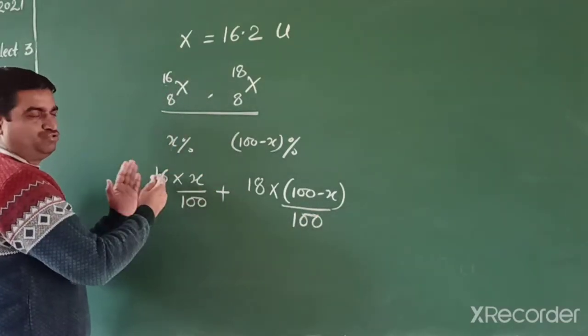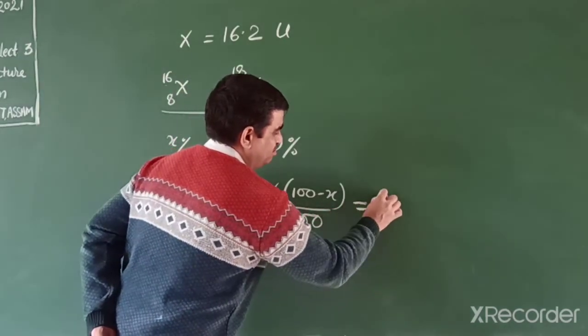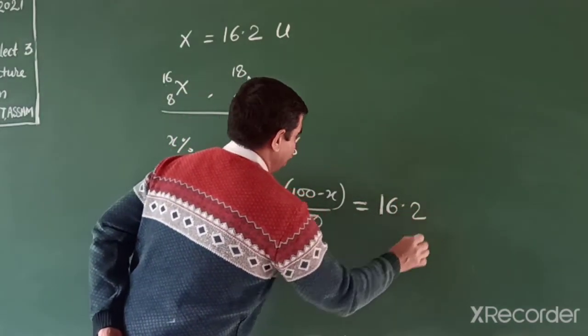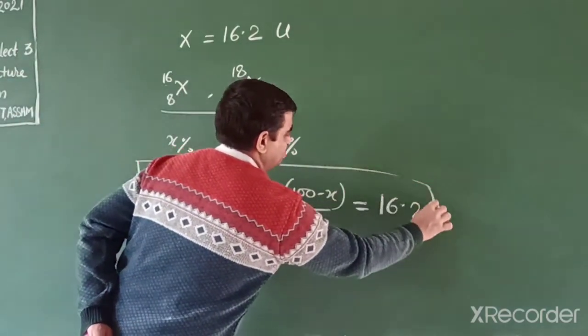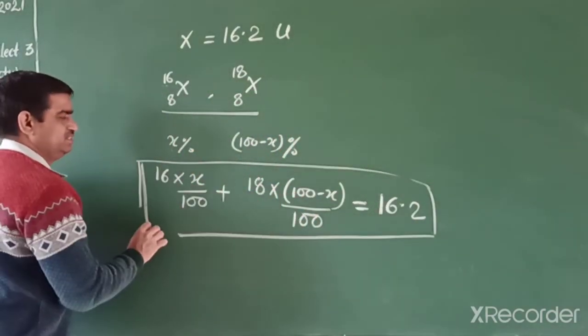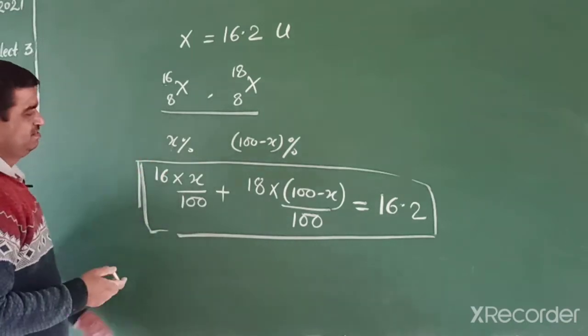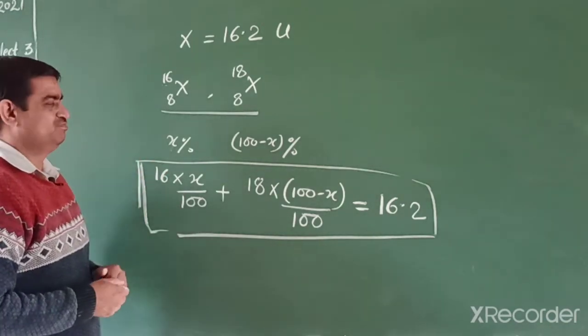When these two isotopes are totaled, it is equal to 16.2. So students, we have to solve this equation. If we solve it, we find the percent of the first isotope.